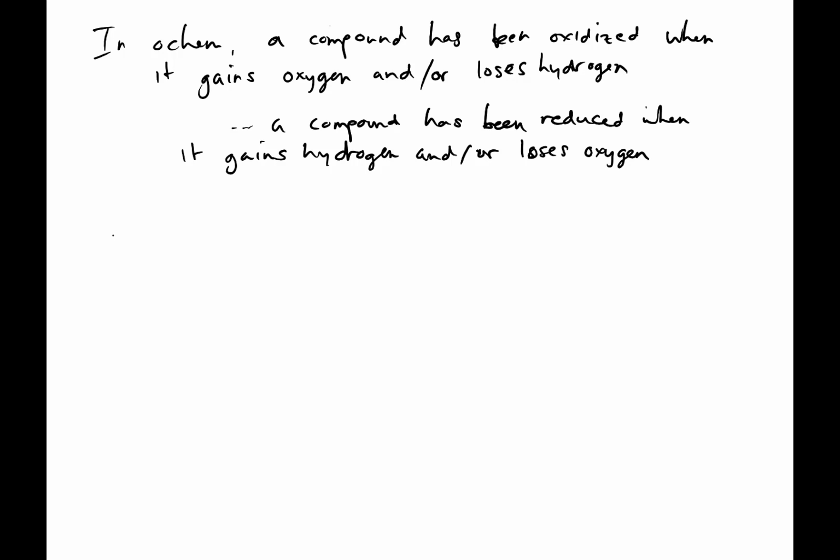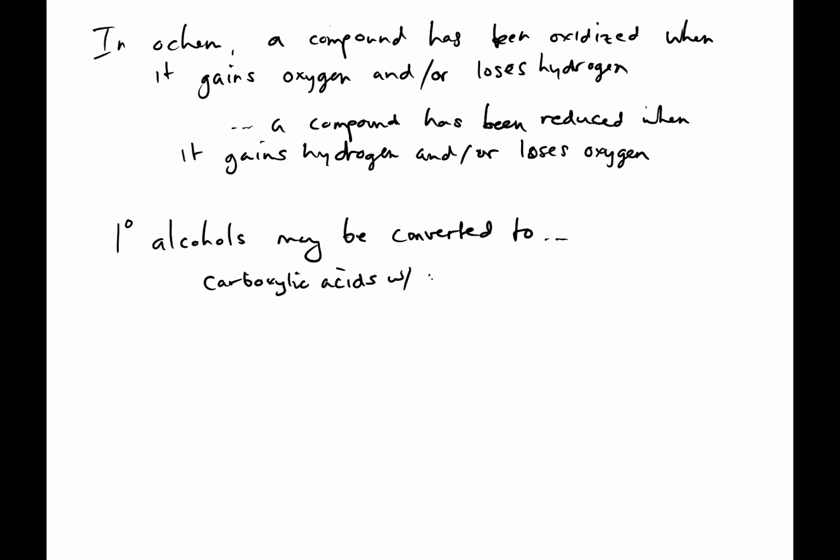But let's say this. So we're going to come back to primary, secondary, and tertiary alcohols. So primary alcohols may be, and some of this may be on the slide there, converted to, okay, I'll just put carboxylic acids, again, here's a plug for knowing our functional groups, with a strong oxidizing agent, or they could be rather converted to an aldehyde with a weak or gentle oxidizing agent.